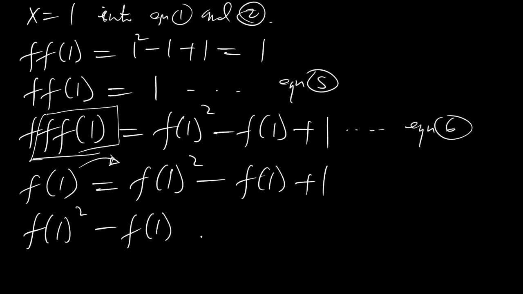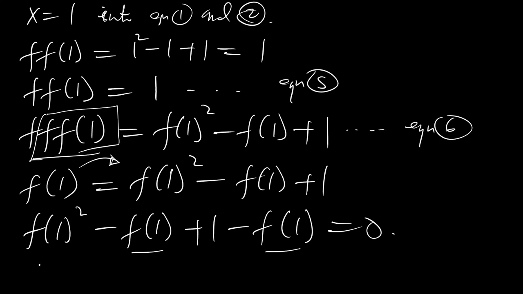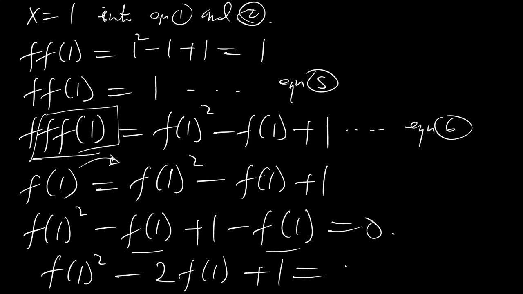Now moving f of 1 to the other side, we have f of 1 squared minus f of 1 plus 1 minus f of 1 equal to 0. Adding the f of 1 terms, you have f of 1 squared minus 2 f of 1 plus 1 equal to 0.